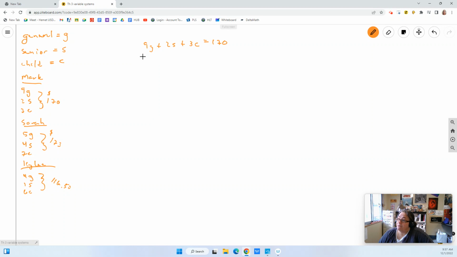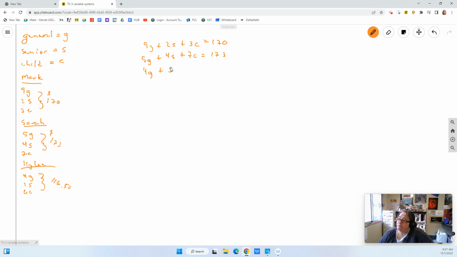And then we have Sarah's equation, which is 5G plus 4 seniors plus 7 children equals $173.